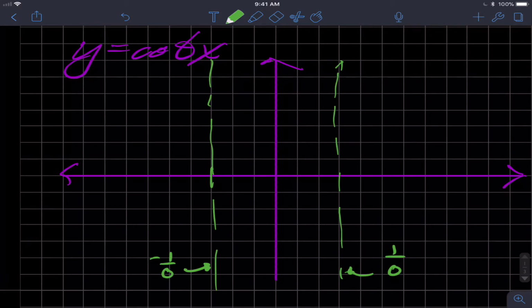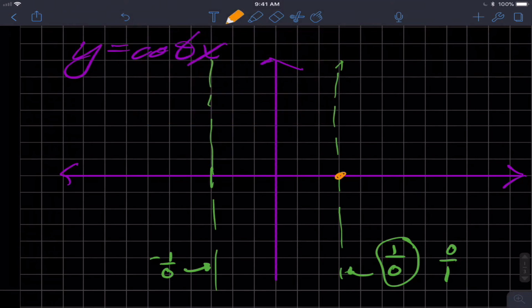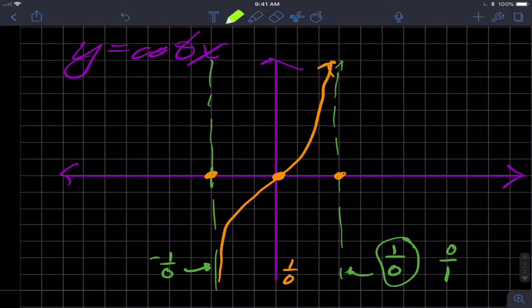But for cotangent, when we take the reciprocal, we get 0 over 1. So instead of an asymptote at that point, we get a 0 at that point. And then, remember tangent, we had this 0 value. Well, if that was a 0 value for tangent, when I take the reciprocal of that value for cotangent, I get 1 over 0, which is undefined. So for cotangent, at that same location, angle equals 0, I get an asymptote instead.